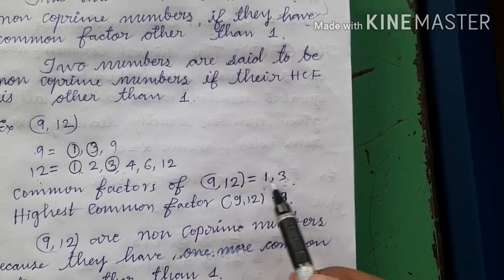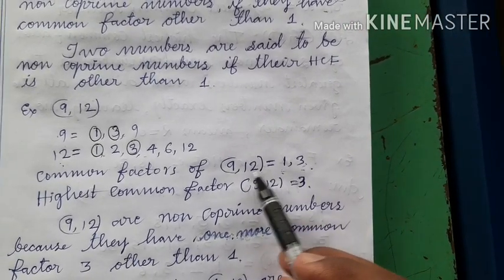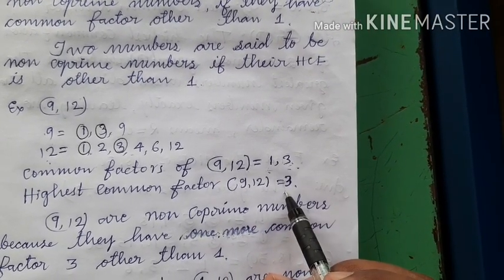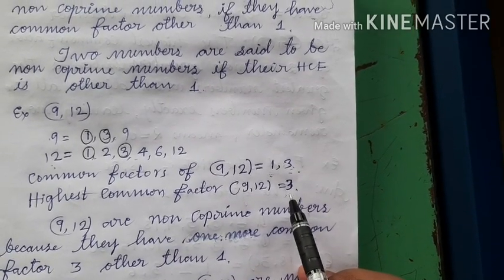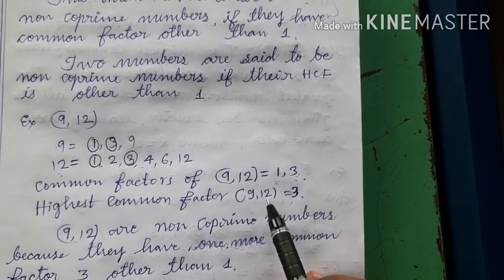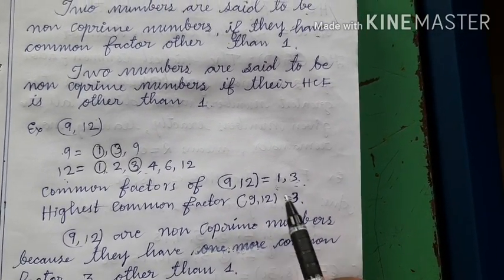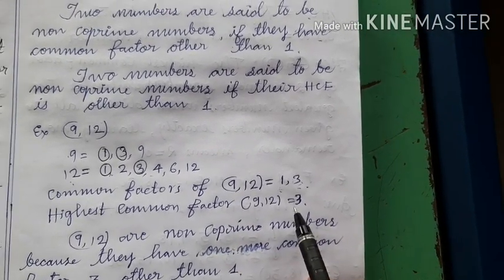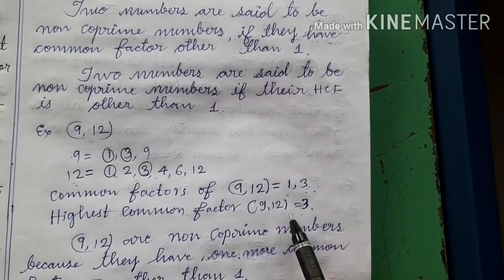See here, these are the common factors of 9 and 12. What is the highest common factor of 9 and 12? It is 3. It is not 1. So, if any two numbers have a highest common factor other than 1, then also they are said to be non-co-prime numbers.